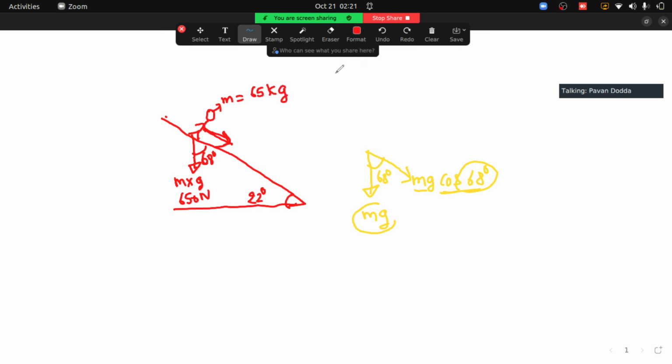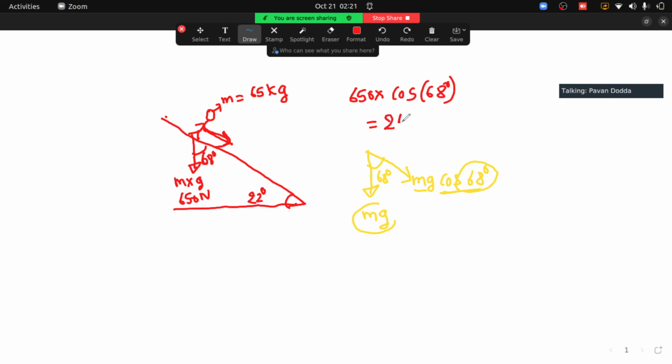So what would be its value? It's 650 times cos of 68. Now let's calculate this value. 650 times cosine of 68, 0.37 times 650.